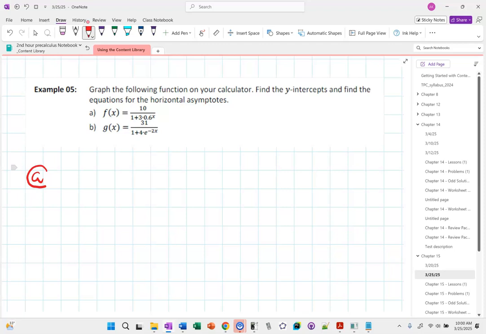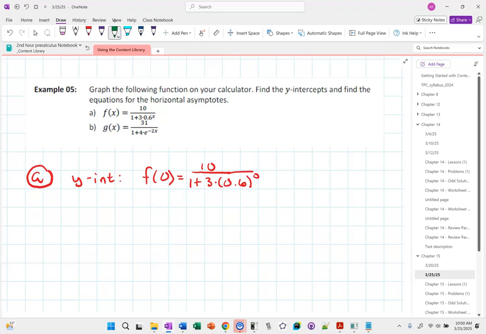Well, we'll graph these, but we don't need to do that to find what it's asking for. How do I find a y-intercept? I don't set the denominator equal to 0. I want to plug 0 in for x, right? I just do f of 0. So that's what I get, right?